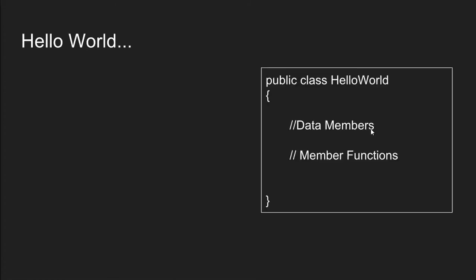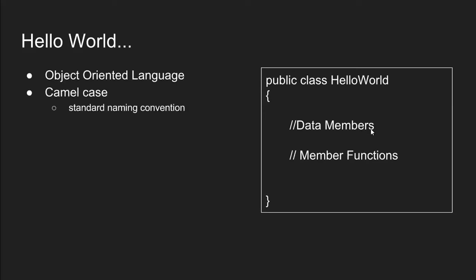As Java is an object-oriented language, everything in Java is class and object based. A class provides a blueprint from which objects are created. A class includes data members and member functions, and naming a class is also a very important task. Java uses a naming convention called camel case. It is a standard naming convention for identifiers.